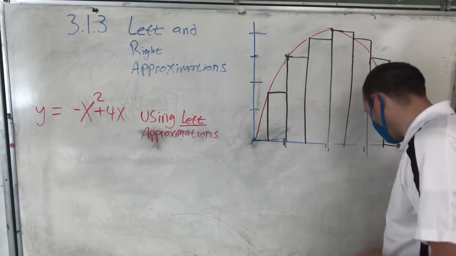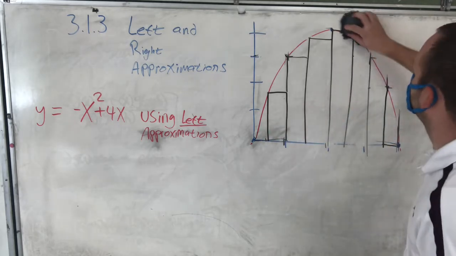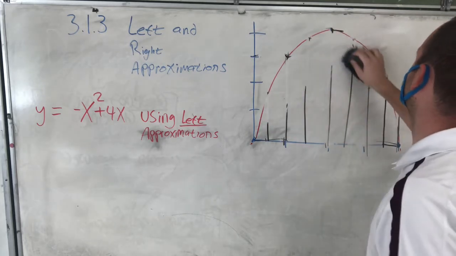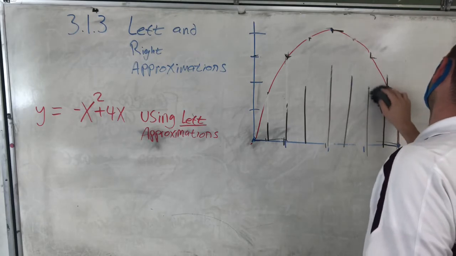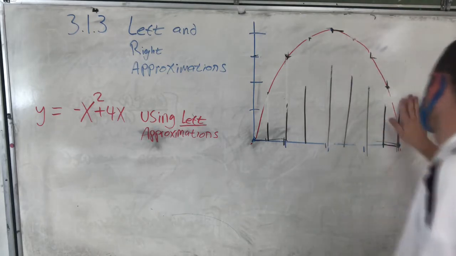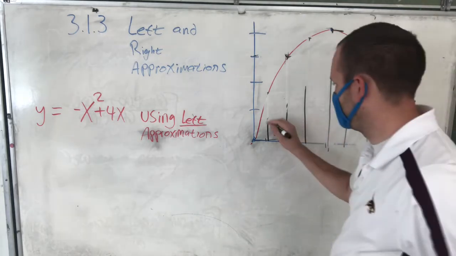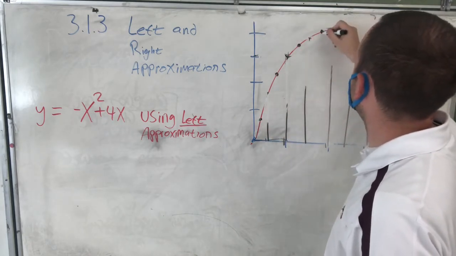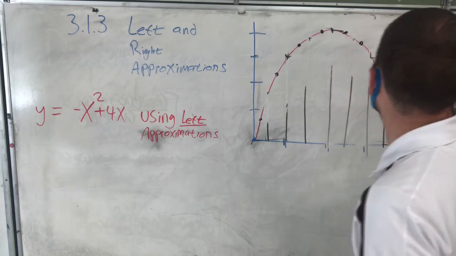If we did even more rectangles, let's erase this a little bit. What would it look like if I did even more rectangles in this problem? How much closer would we get? We've got one, there's a halfway point, there's a halfway point, and so on.